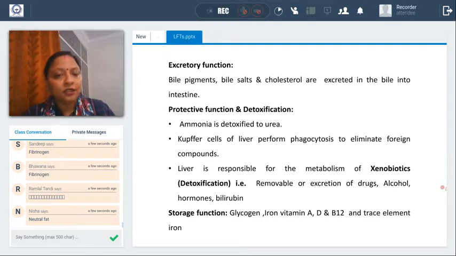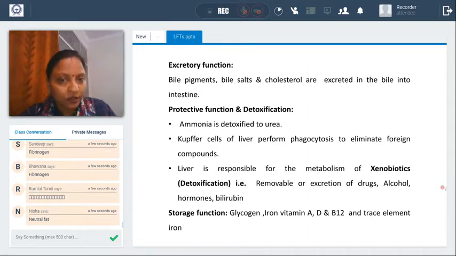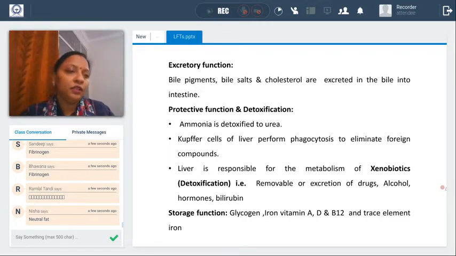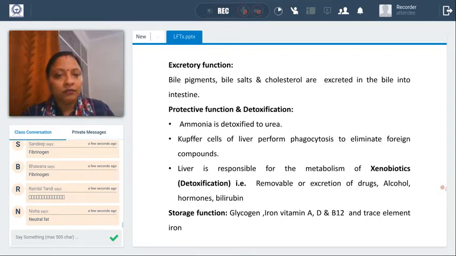Then Kupffer cells, you all know where they are present, in the liver. Kupffer cells of the liver perform phagocytosis to eliminate various foreign compounds or foreign particles. We will discuss further the detoxification of drugs, alcohol, and various hormones.